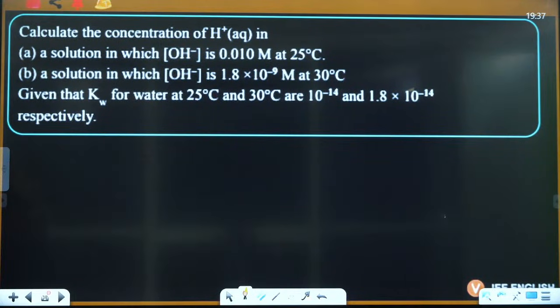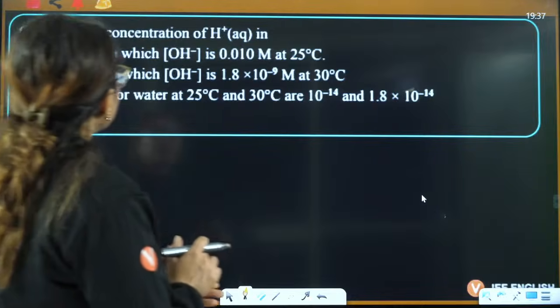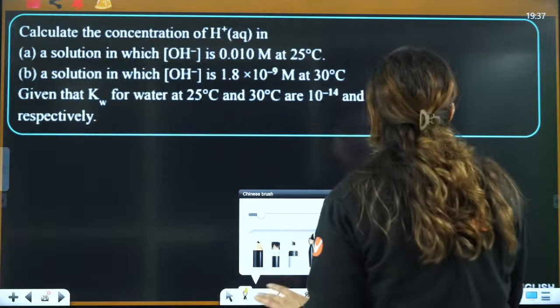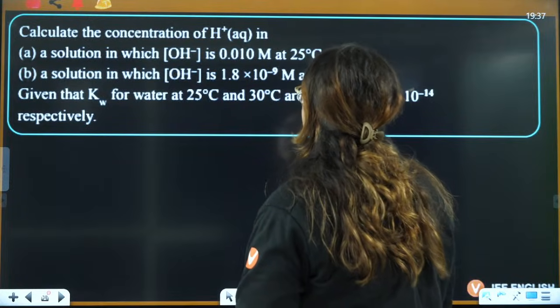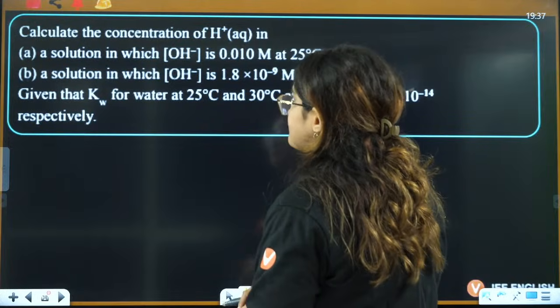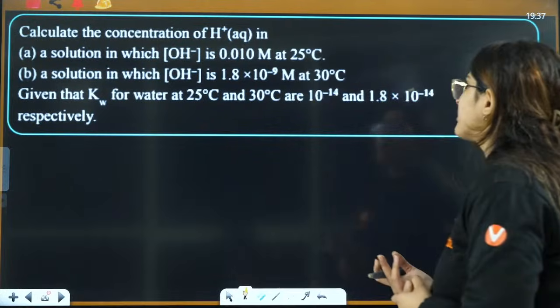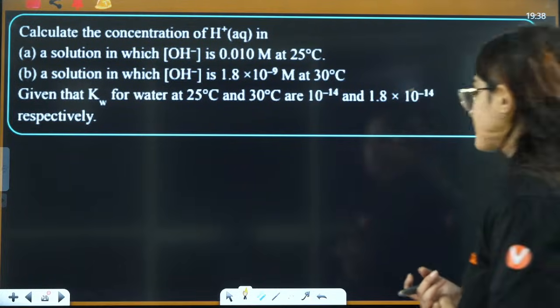Now let's see the next thing. Calculate the concentration of H positive in a solution in which OH negative is this at this, and Kw for water at 30 degrees and 25 degrees are given respectively.